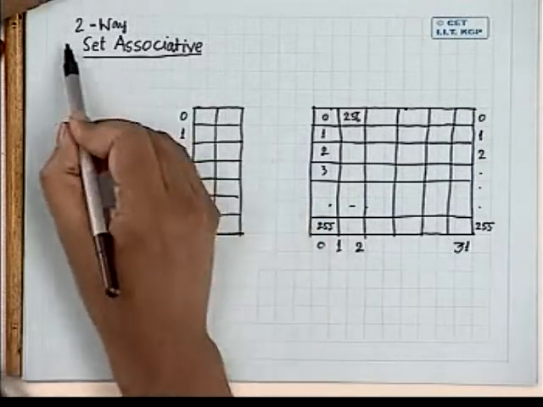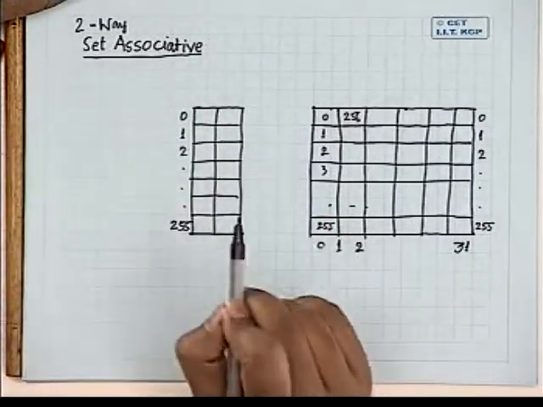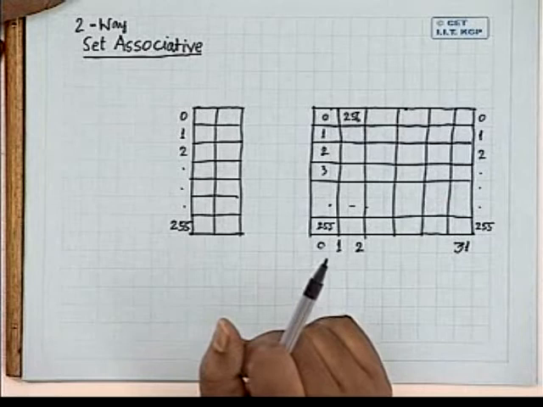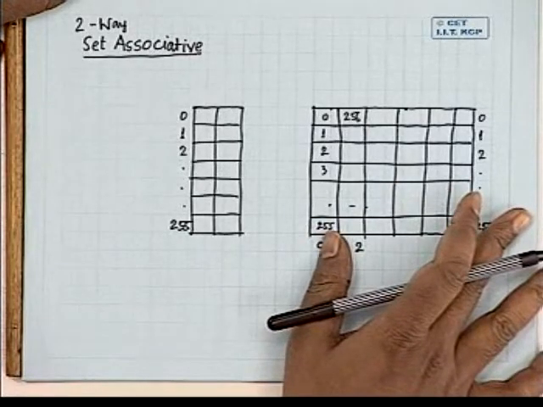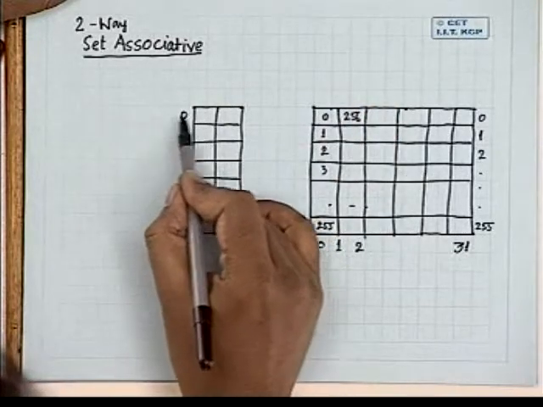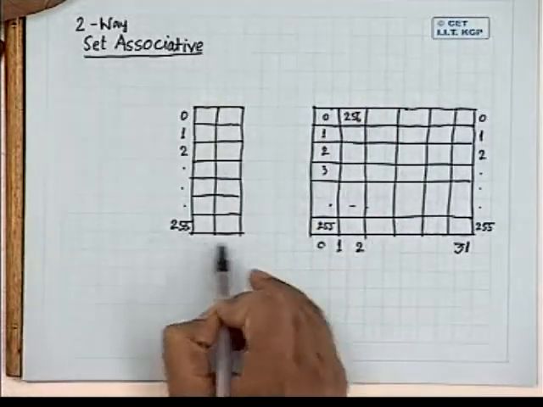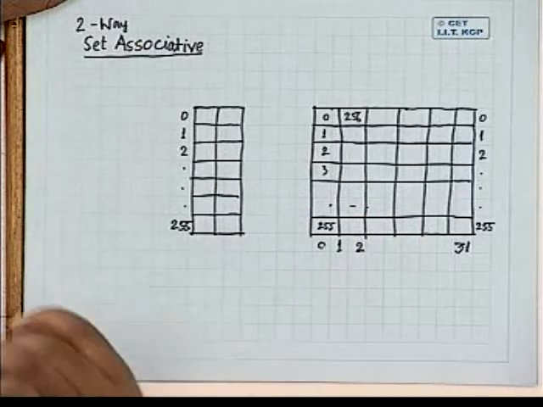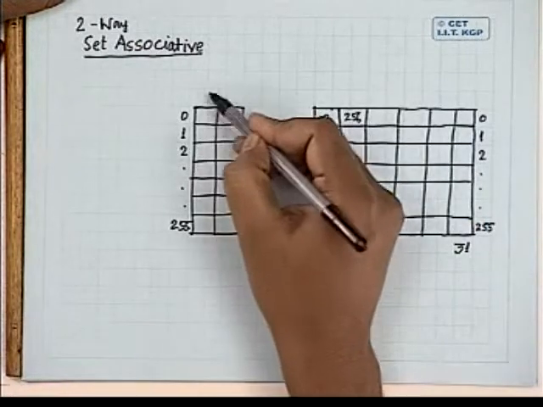Okay, if I have a three-way set associative cache, I have to have three comparators. Five-way set associative cache, I will have five comparators. So in the extreme case, when I have a large number of such sets, that is the fully associative, when any block can go anywhere in the cache memory. That is one extreme. The other extreme is direct mapped cache.